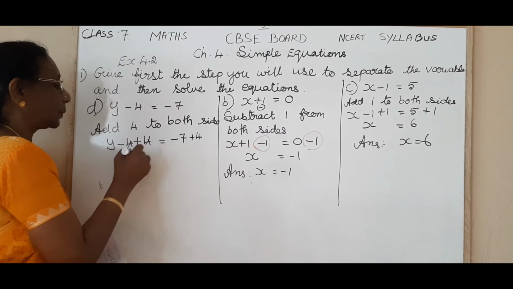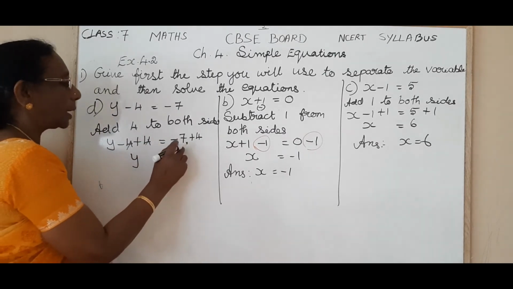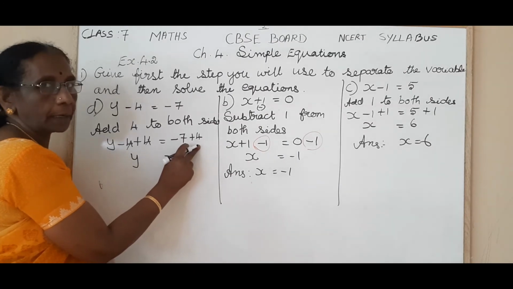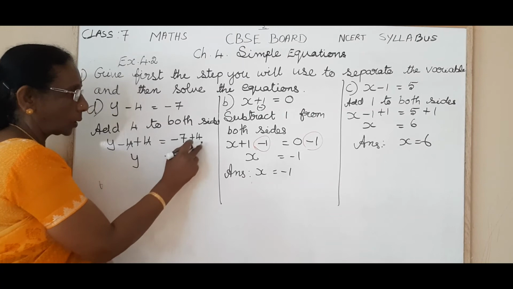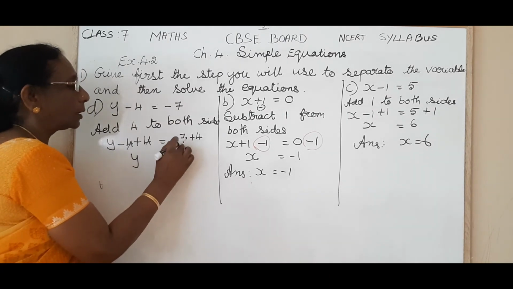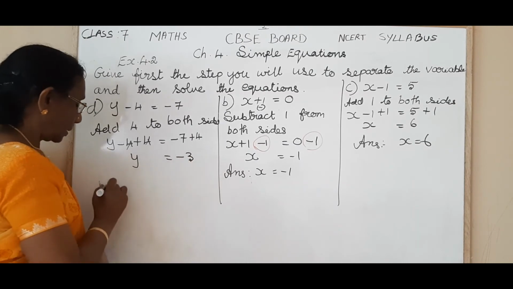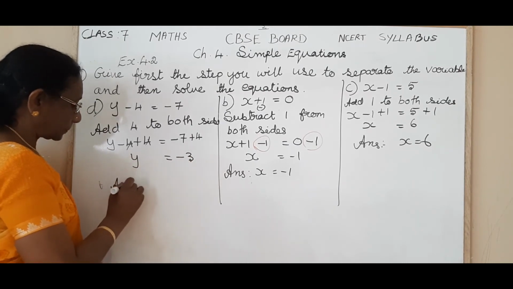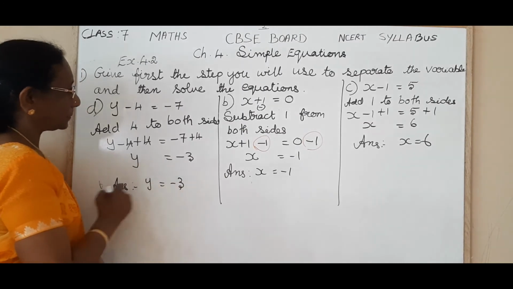So 4 minus 4, 0. So y is equal to minus 7 plus 4 is what? More negatives, less positives. So the answer will be negative, different signs. So you have to subtract 7 minus 4, 3. So the answer is y is equal to minus 3.